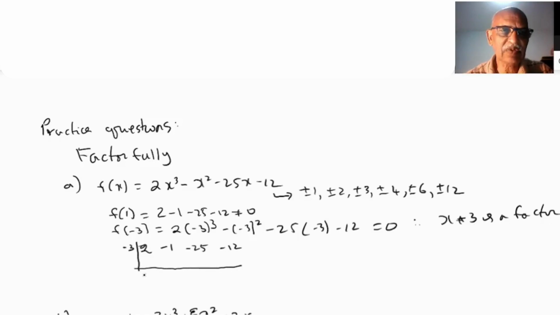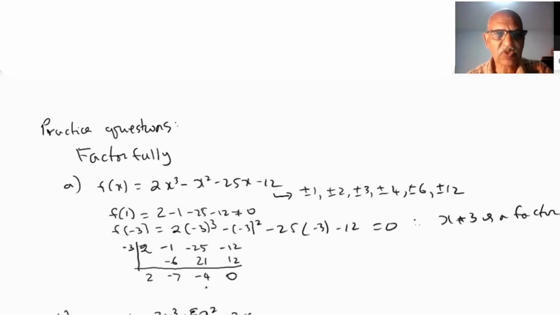I bring down the first number, 2. 2 times negative 3 is negative 6. I add them, negative 7. Negative 7 times negative 3 is 21. I add down, negative 4. Negative 4 times negative 3 is positive 12. The last column, if I add, it must give me 0 if this is a factor.